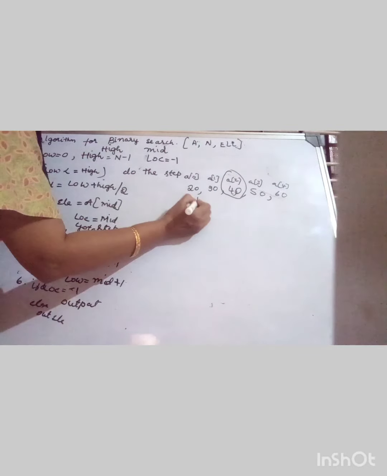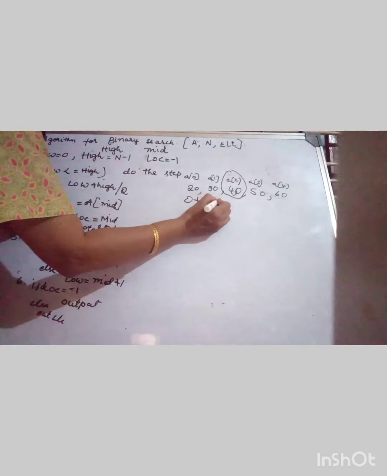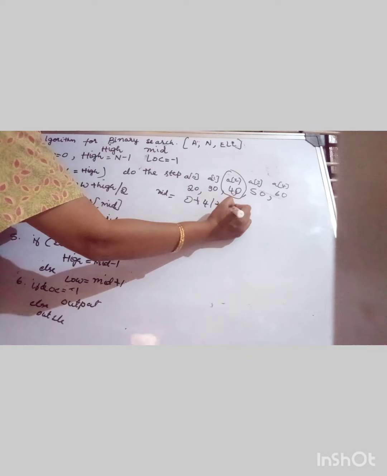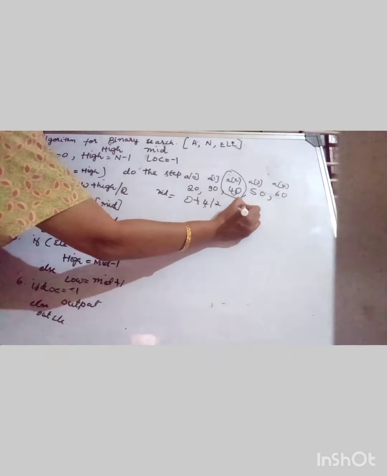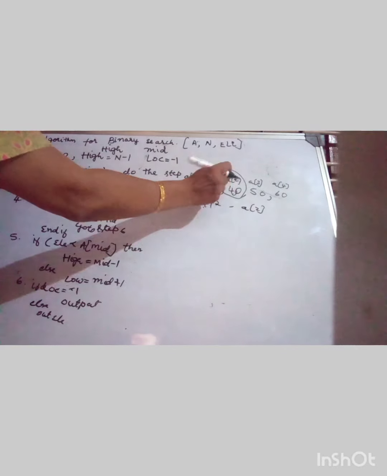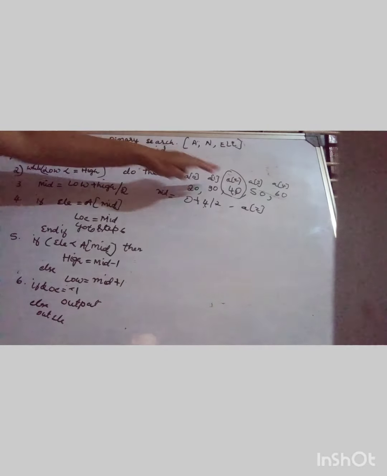So what will be my mid? 0 plus 4 by 2 is A of 2. A of 2 is the element 40. Element 40 will be the mid element, and 2 is the position of the mid element.